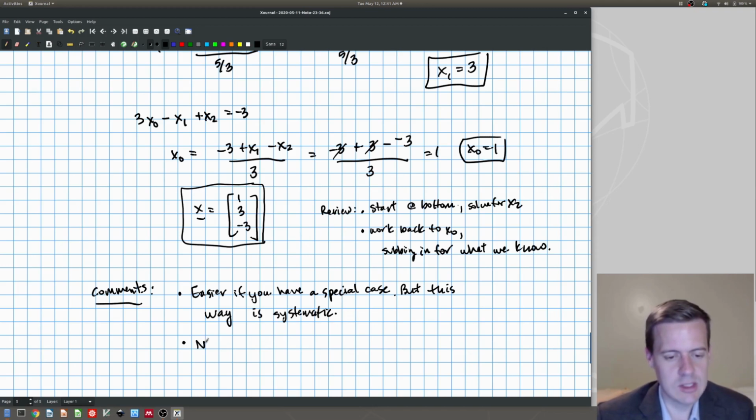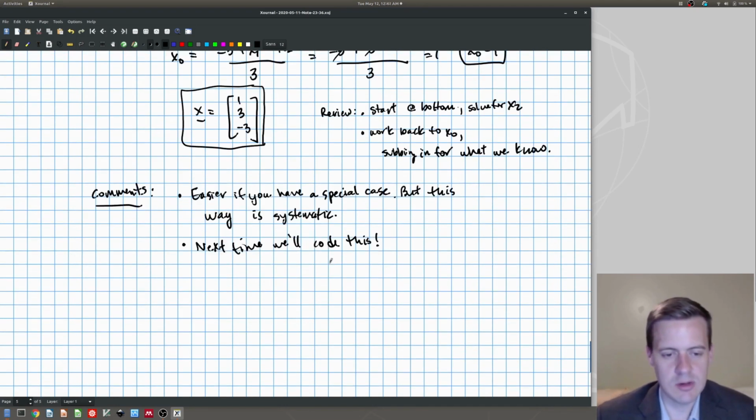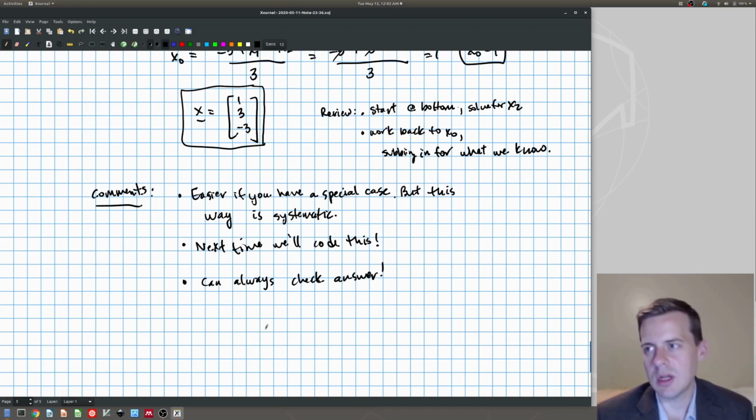So next time we're going to code this. Make sure you understand this as you go through by hand. The last comment I'll say is you can always check your answer. This is one of the great things about algebraic equations: you can always check your answer.